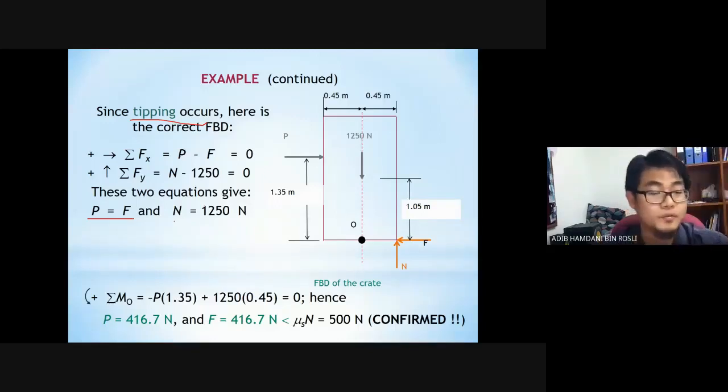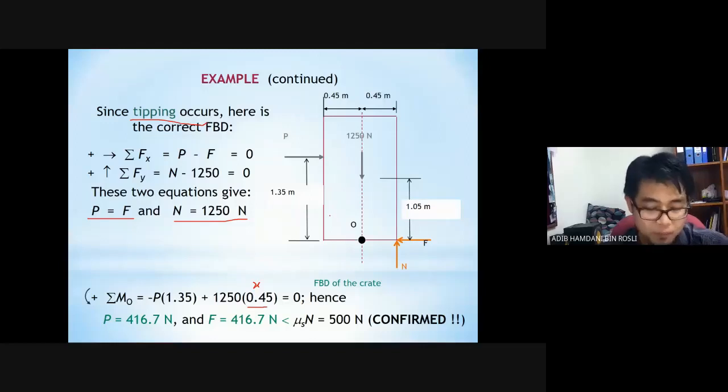Okay, and then you have your normal force equal to 1250 Newton, right? And then you do the moment about point O, okay? And then of course, in this case, this is your X, right? It's your X, 0.45. Okay, you do moment, you have P times 1.35.